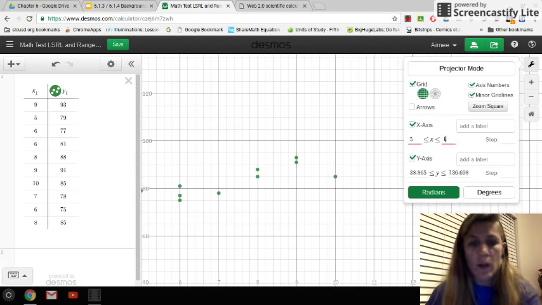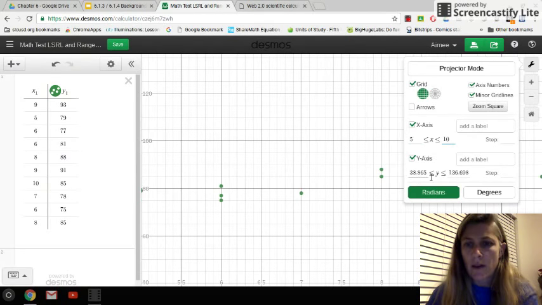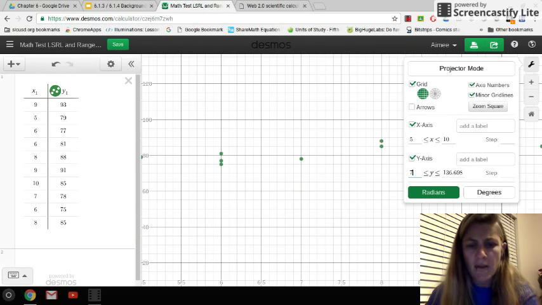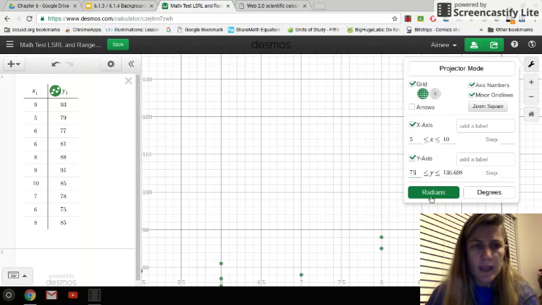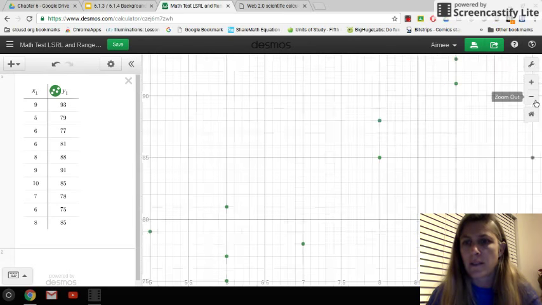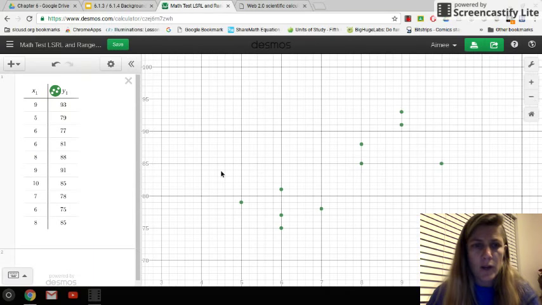Then we change our y values. If you look at our y values, it looks like the smallest is 75 and our biggest is 93. So we change that, then click on the graph settings and zoom out one. And there is our perfect graph.